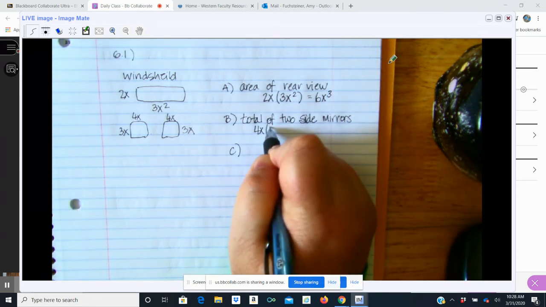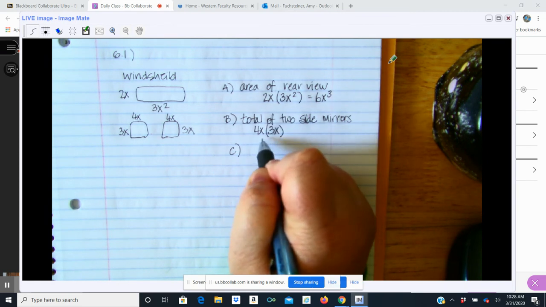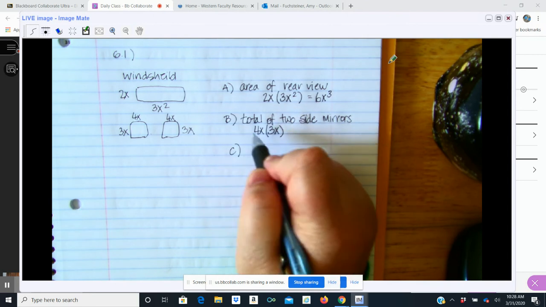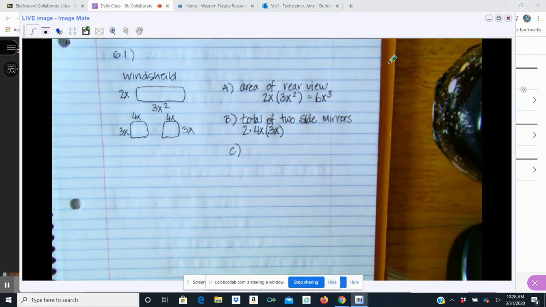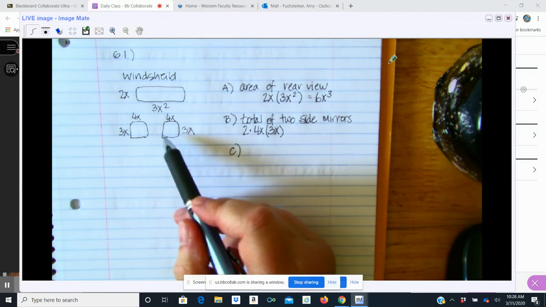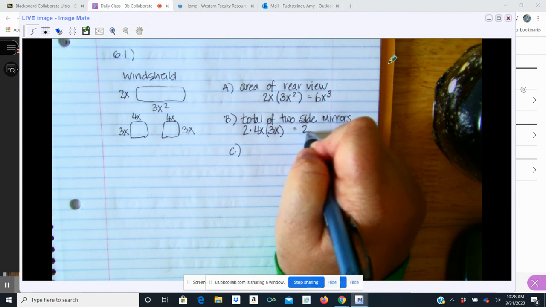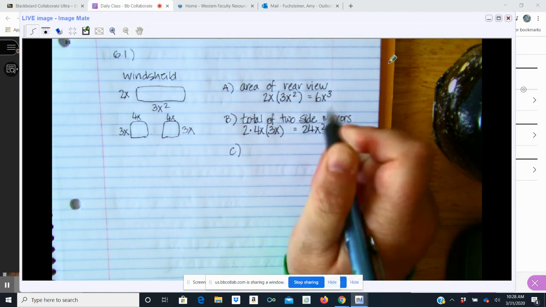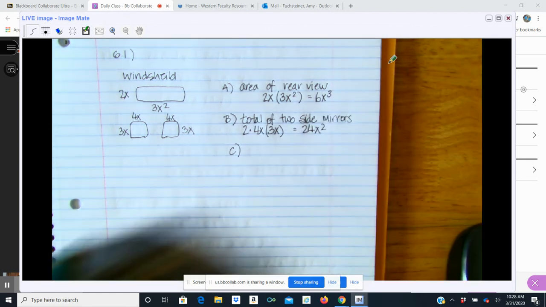The next one should be 4x times 3x, and then times 2, because we're doubling it. Yep, and then the last one you can add them, because that's the total of all.